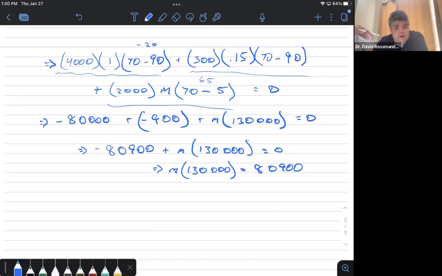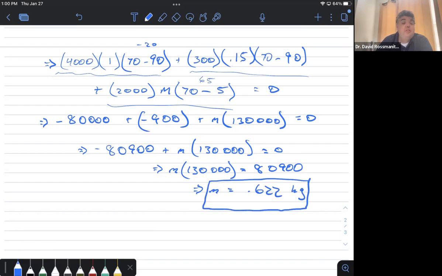Divide over the 130,000. And we get m is equal to 80,900 divided by 130,000, which is 0.622 kilograms. So how much milk should you add? 0.622 kilograms of milk.